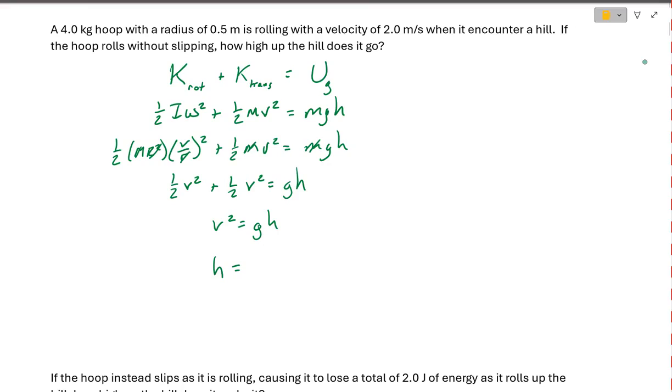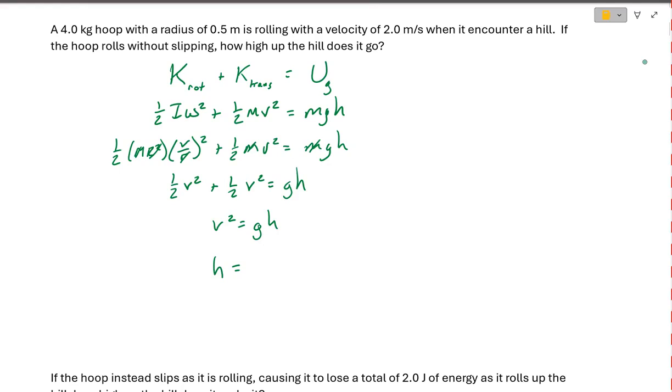Do the M's on both sides cancel? Yes, all of the m's cancel. So it's this r squared cancels with that.